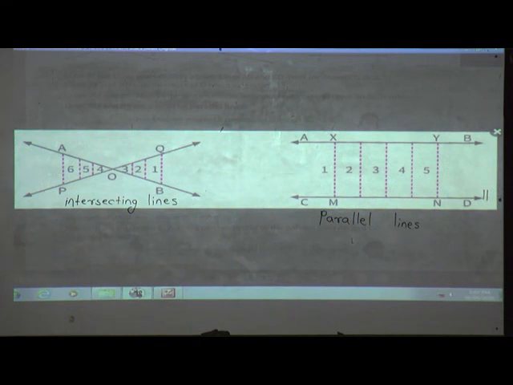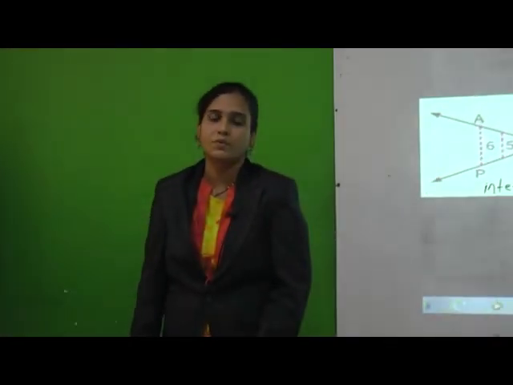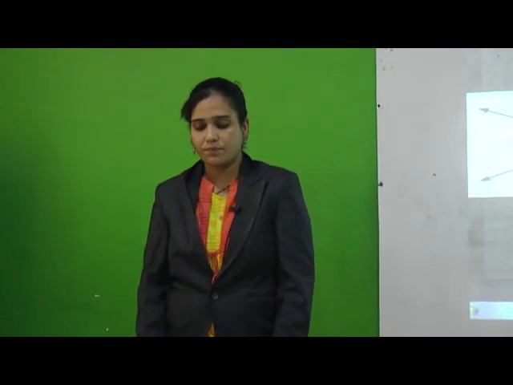So students, today we have completed our types of lines. In the next period we will see how to identify parallel lines, perpendicular lines and intersecting lines. Even students, you can make a list of figures or objects in your home, that you see in your home that have parallel lines and perpendicular lines.